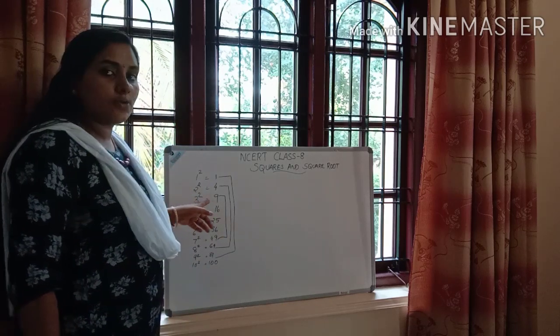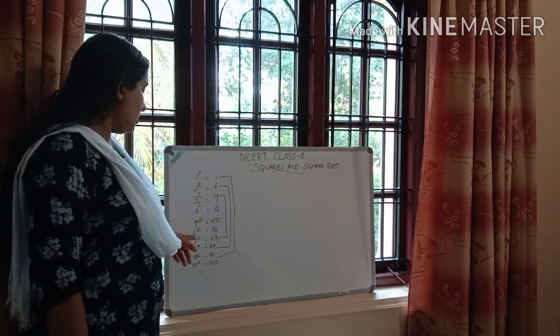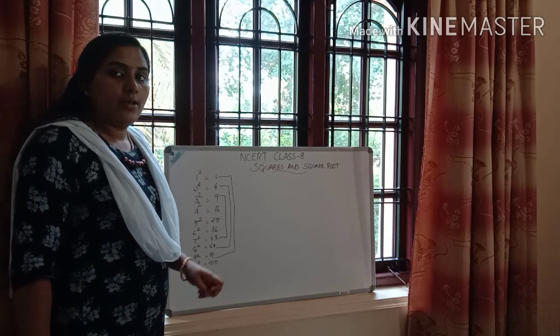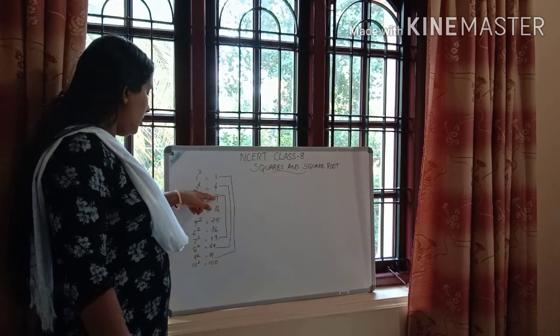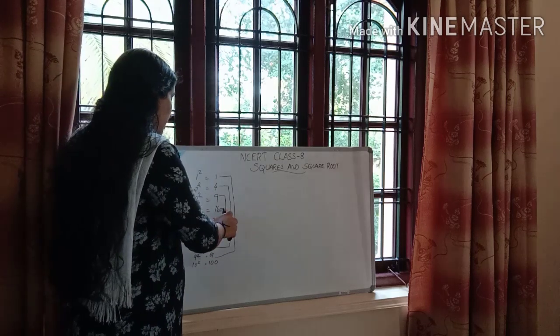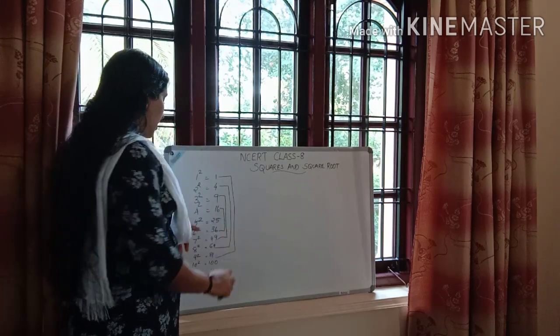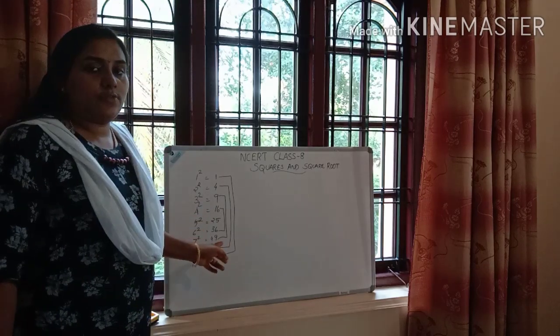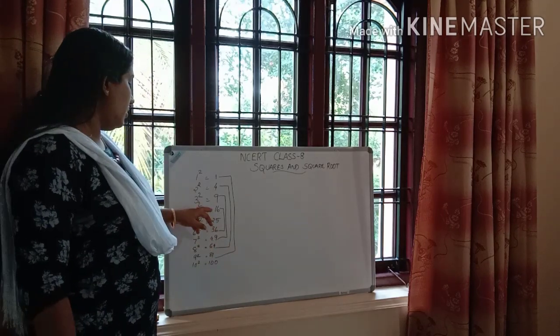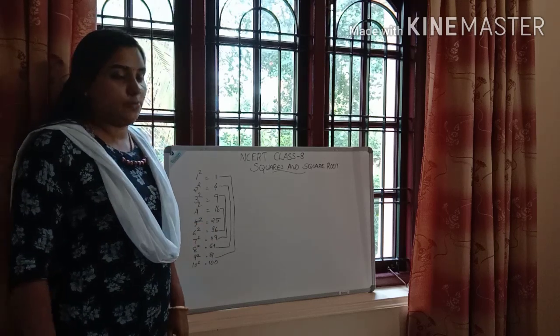See, 3 square gives 9, and 7 square gives 49. The squares of these numbers also end with 9. Here see 16, 36: 4 and 6. The squares of these numbers also end with 6 in the units place.